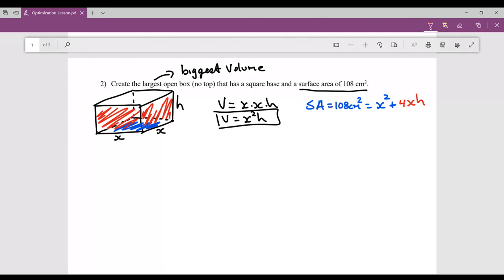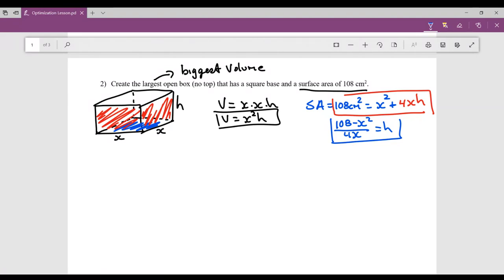Now, we want to solve for a variable. Here's our equation. The easiest variable to solve for is going to be h, because it's only in one term. So I'm going to solve for h, and I won't write it in red anymore. Back to blue. 108 minus x squared, divided by 4x, is equal to h.